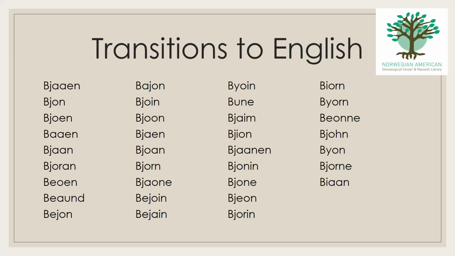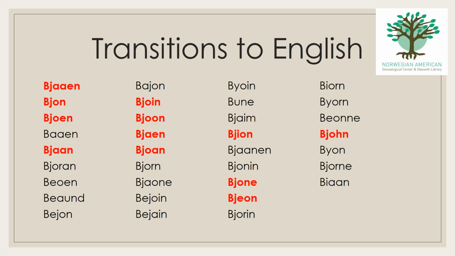And generally, when we're looking at transitions into English, there were two things that they were trying to accommodate. One of those was the fact that there are vowels in Norwegian that don't exist in English. And the other was trying to reconcile English spelling with Norwegian pronunciation.